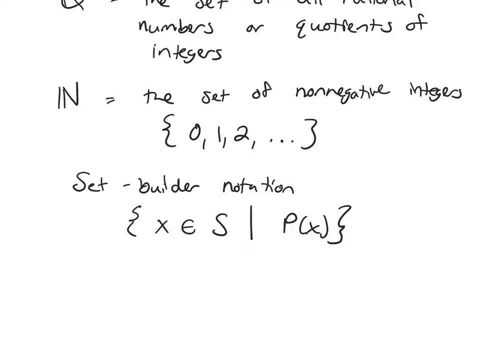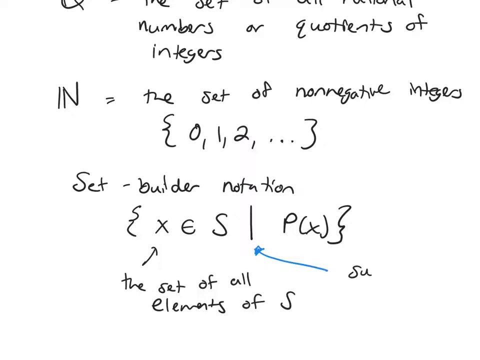And this first part is telling you the set of all elements of S. And then this symbol right here, this vertical line, means such that. So you would read this as, this is the set of all elements of S such that P of X. And P of X is some kind of condition that has to happen.